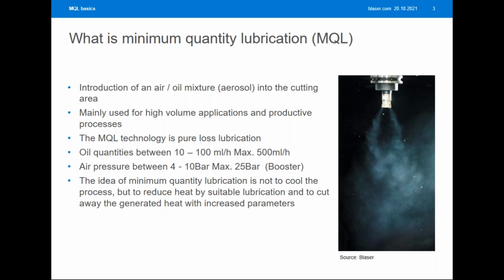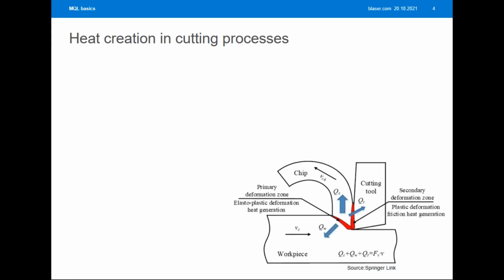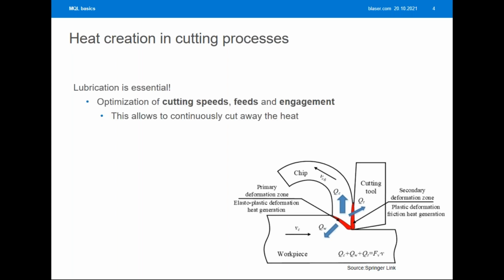One of the key elements is really increasing the parameters. So the heat creation in a cutting process is the friction between the tool and the workpiece, and the deformation of the chips.